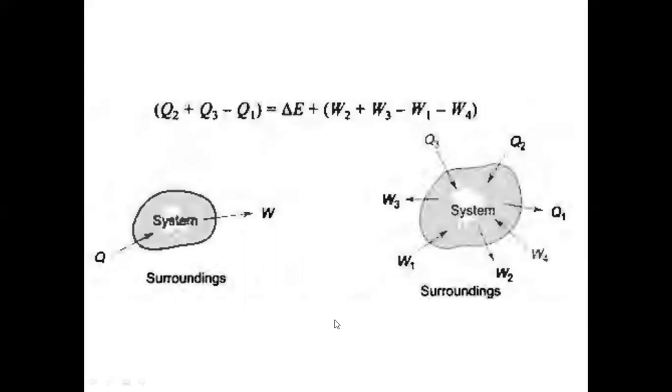Then the equation will be: the heat transfer given to it will be positive and that going out will be negative. That's why Q2 plus Q3 minus Q1 is equal to the work done, where the work done by the system is positive and on the system is negative. That's why W2 and W3 are positive and W1, W4 are negative. The difference between these two will be the change in internal energy.